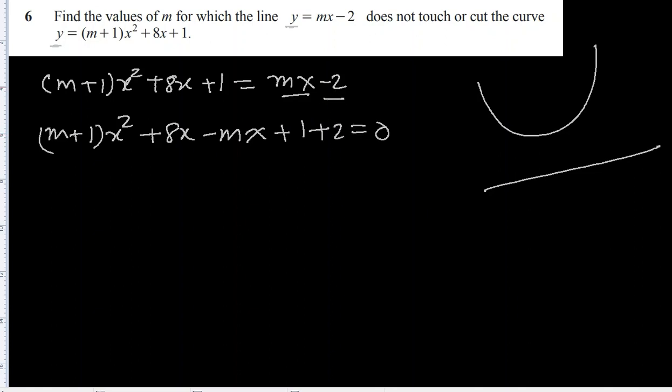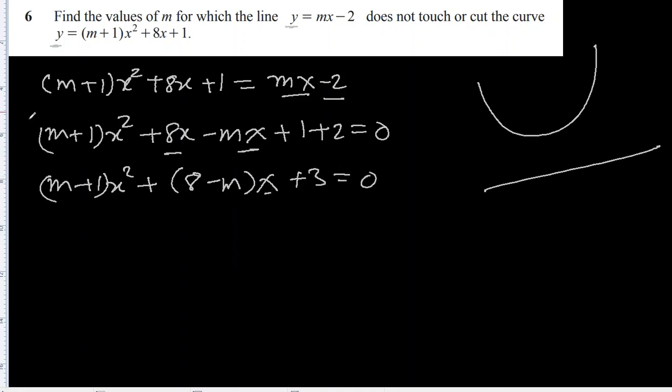This minus 2 will become plus 2. So m plus 1 x square plus 8 minus m x, right? Both of them have x common, so I took it out, plus 3 equal to 0.